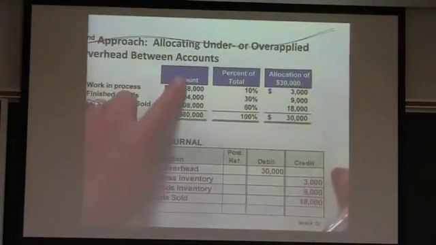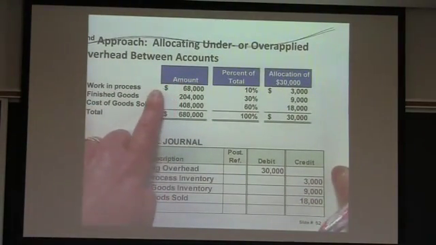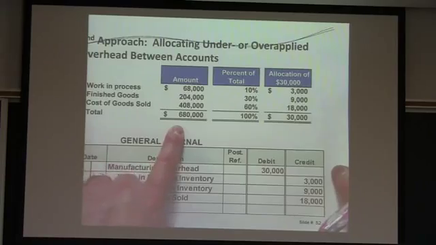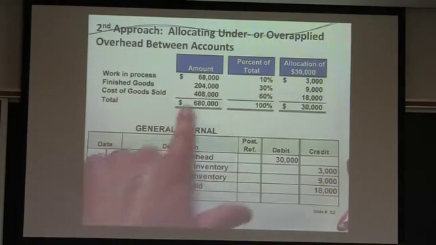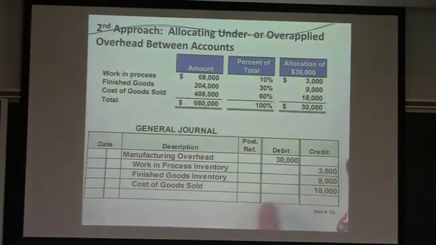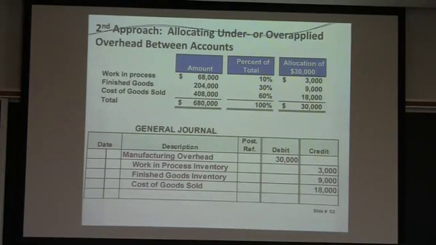Or the second method is to do the proration method by taking a look at the values of work in progress, finished goods, and cost of goods sold, just like we did with ABC. Use the percentage and then allocate that $30,000, and that's the entry that we did for ABC. Okay? Thank you.